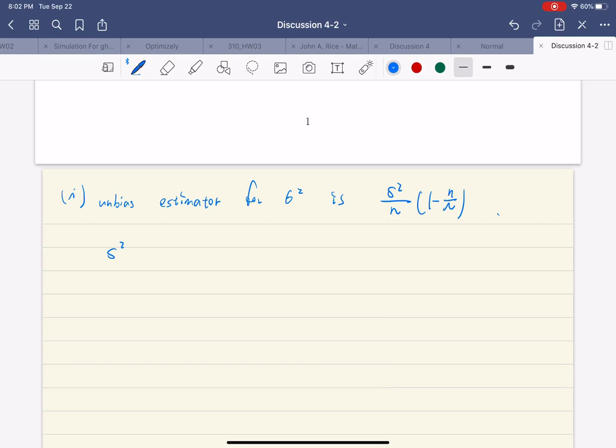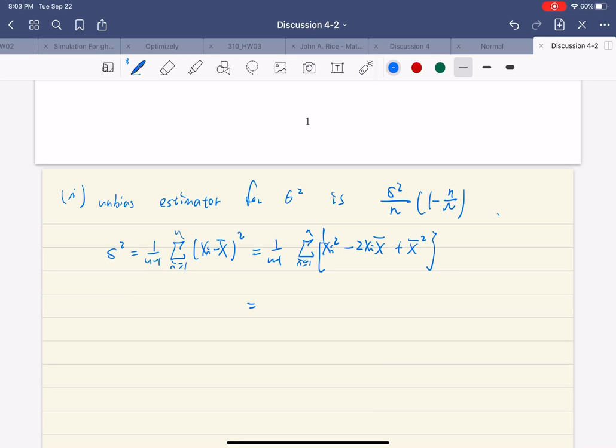S squared is equal to the summation of Si minus S bar to the power 2, i from 1 to n. This is also equal to the summation of Si squared minus 2 Si S bar plus S bar squared.